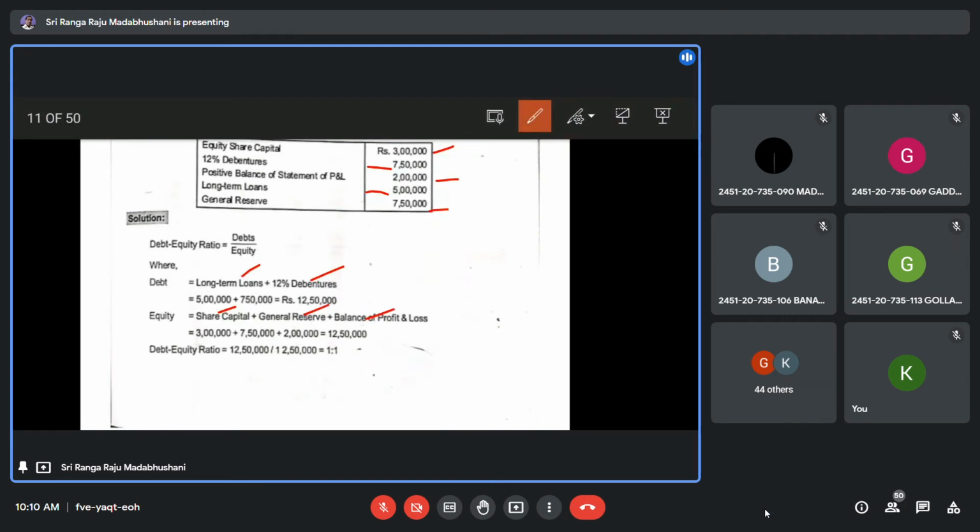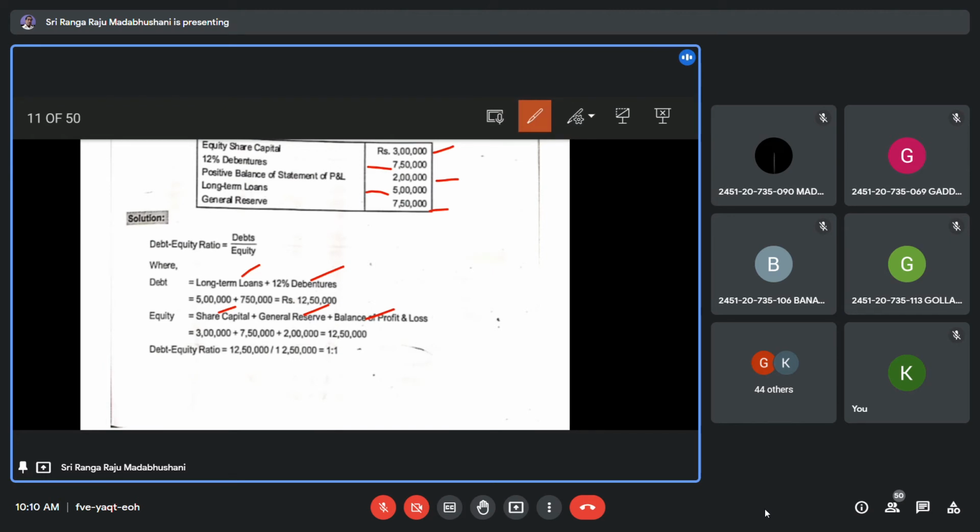So the sum of the debt is 12,50,000 and the sum of the owners' investment is 12,50,000. So the ratio is 1 is to 1. So it is good. It is approved up to 1 is to 2.